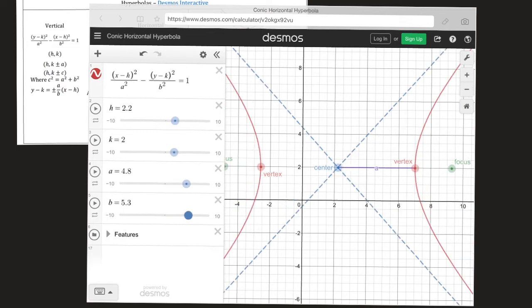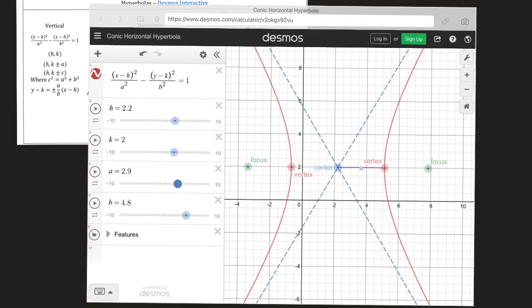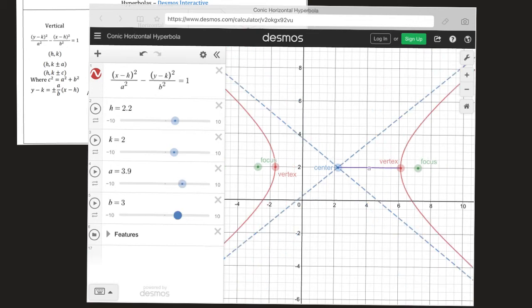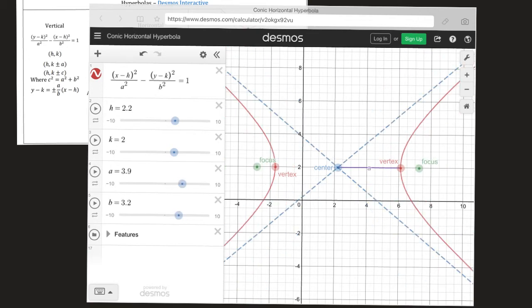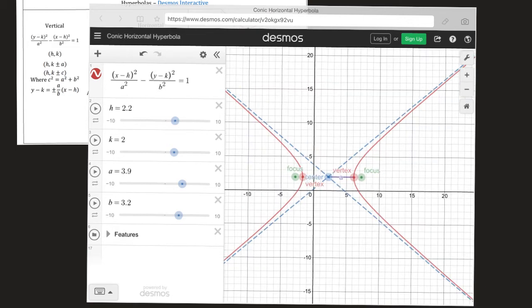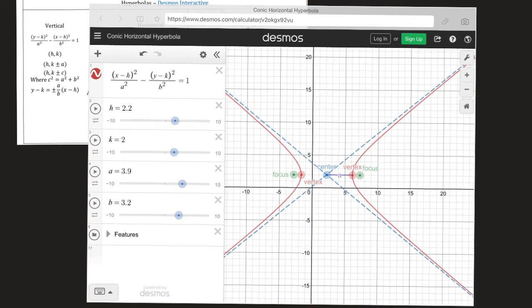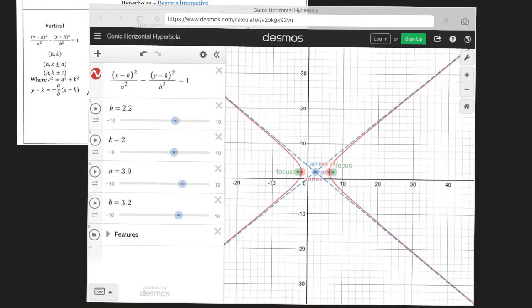My B value paired with my A value dictate the slopes of these slant asymptotes. We call them slant asymptotes because as I zoom out on my graph, the hyperbolas approach these slant asymptotes but never quite reach them.